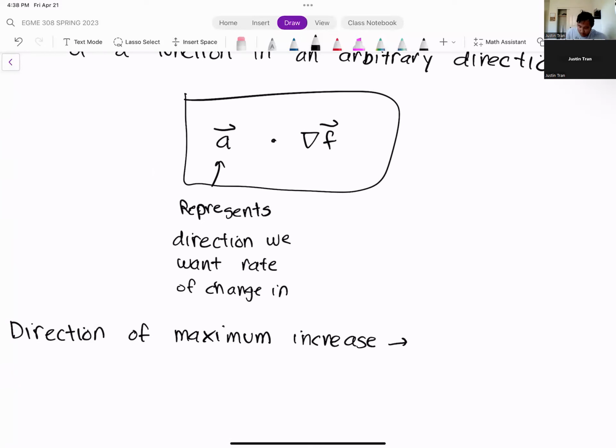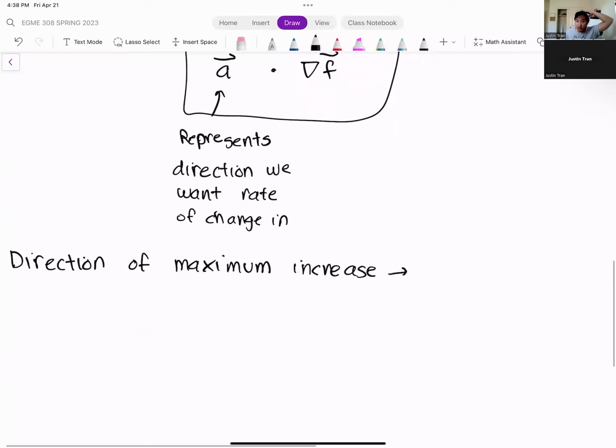Remember, when you take the gradient of a typical function, you get a vector quantity, right? And the vector that the gradient itself points in the direction that tells you the direction in which the function is going to increase the most, in terms of magnitude.